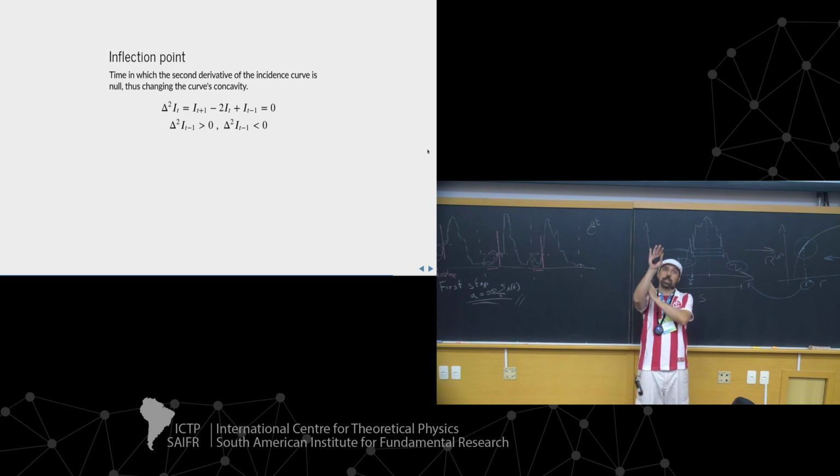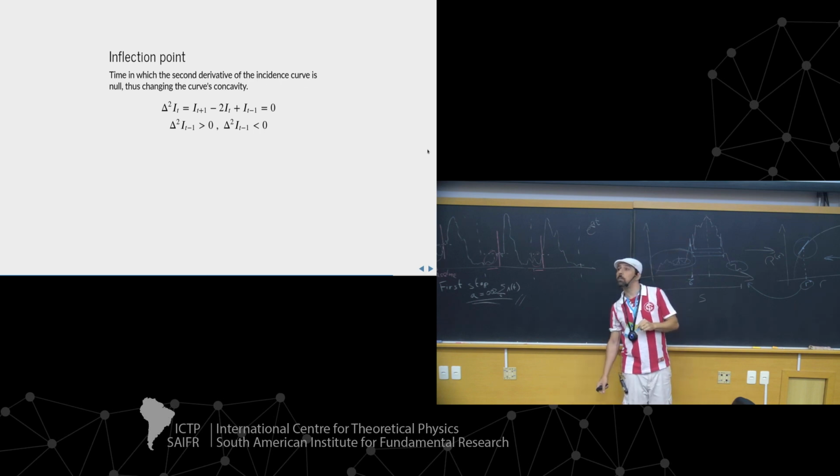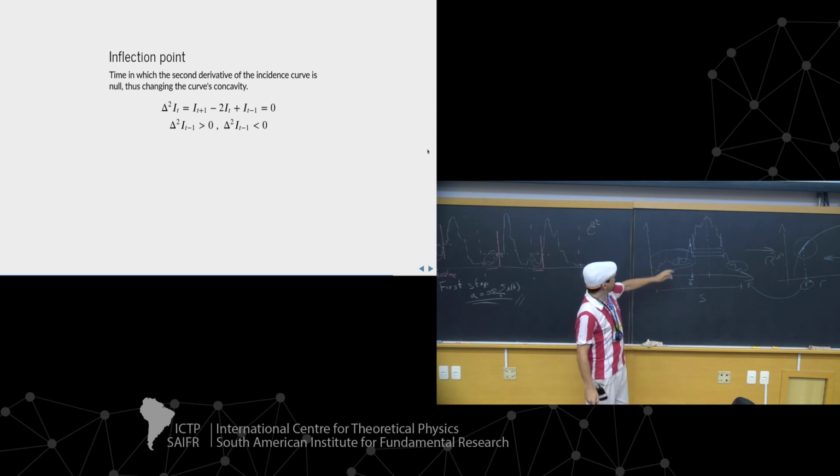So I'm reaching the peak of infection. So the inflection point would be something, let's say, around here, more or less, in this example. Right? The logic is pretty much the same. I'm changing the method again, but the logic behind is exactly the same. Okay?